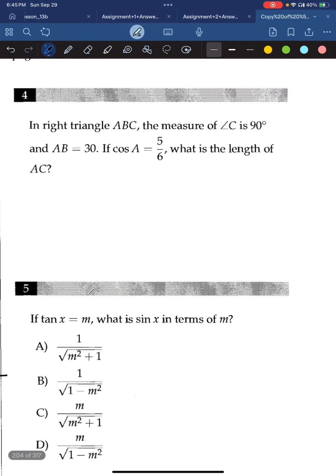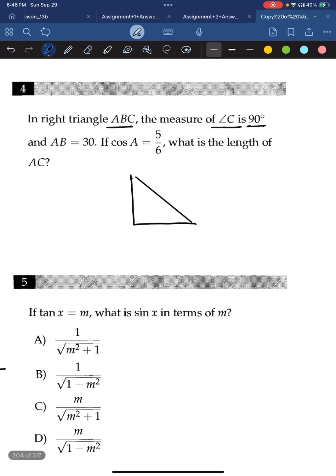In right triangle ABC, the measure of angle C is equal to 90 degrees. Let's draw it, that way it would be easier. This is our C, and our AB is given as 30.